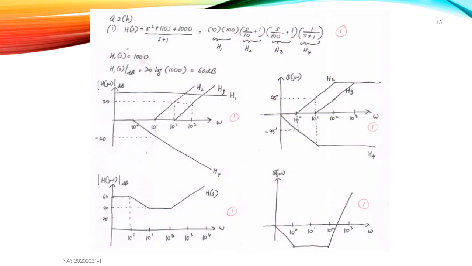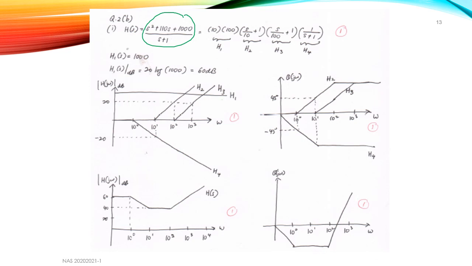This is another example, but just using sketching. You just sketch the Bode plot of the given transfer function. So this is the given transfer function. As usual, you need to derive the individual transfer functions, and then sketch the individual frequency responses, and finally total them up.